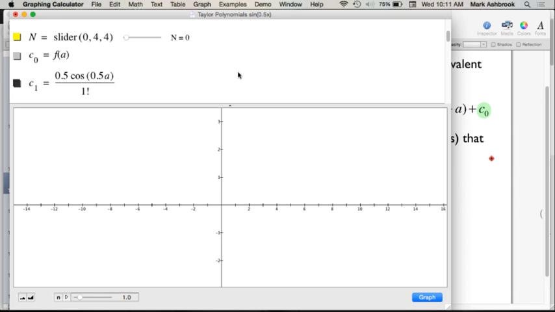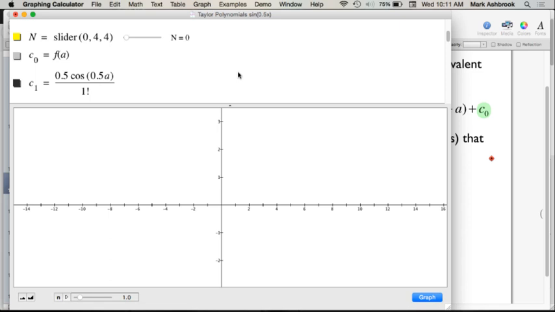Did anyone get that? Right? So it's the first derivative evaluated at a over 1 factorial. That's what we said, right? But now we've got the function. We have an actual function now, sine of 1/2 a. Yeah? Don't you add C0? No, that's the polynomial. You're thinking of the first polynomial.